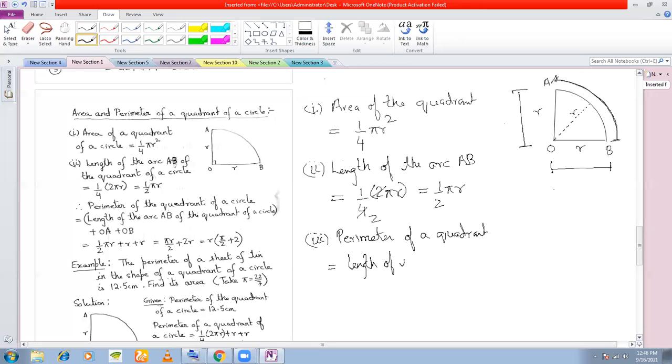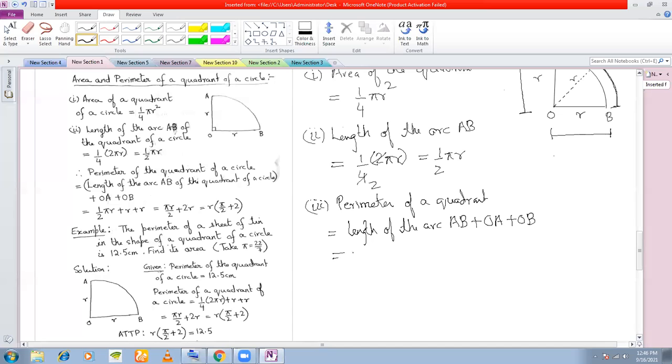Length of the arc AB plus OA plus OB. Length of the arc AB is half pi r plus OA is r and OB is also r.